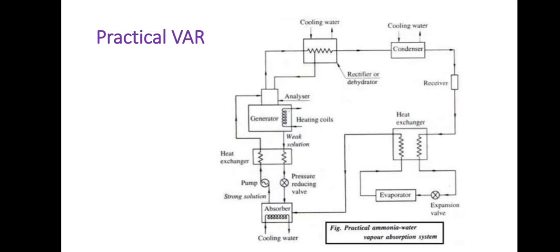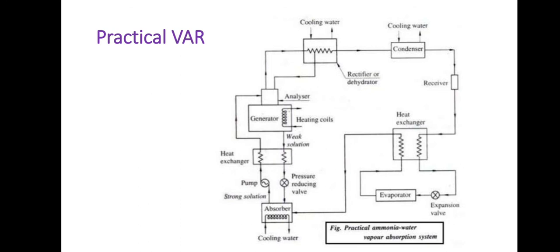In the simple vapor absorption system and the practical vapor absorption system, the difference is that we are using two heat exchangers. The heat exchangers are used to exchange heat from the weak solution to the strong solution, and from the high pressure ammonia liquid to the low pressure ammonia vapors after the evaporator.